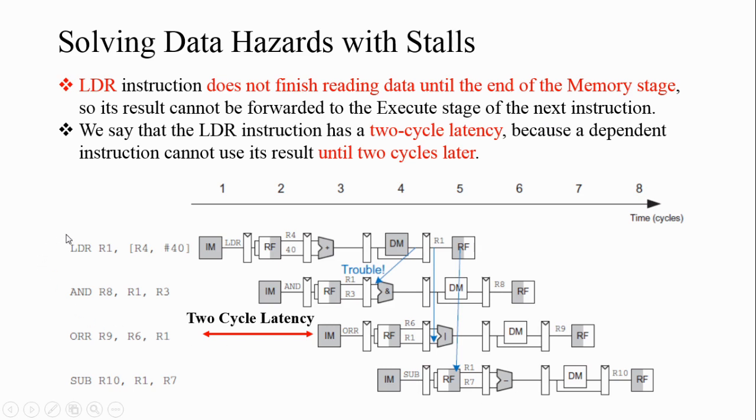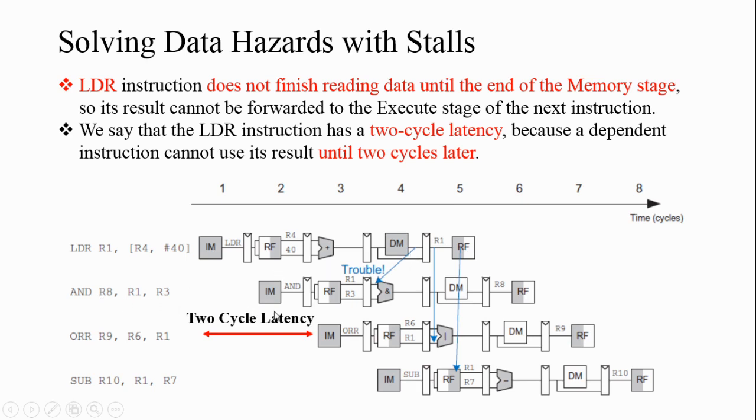Load means you are loading from memory to a register, so the reading is over only at the end of the memory stage, and only then do you get the actual data read from memory.